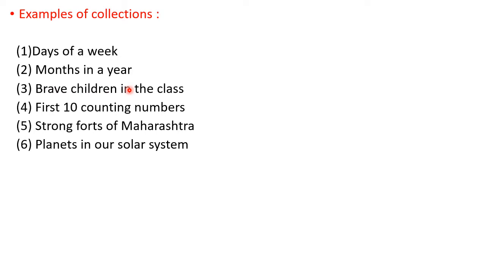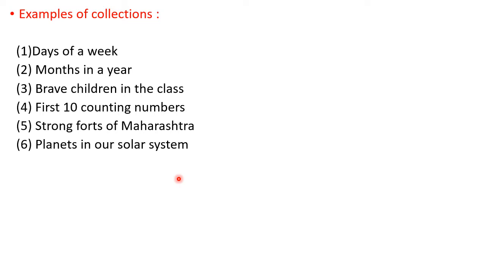We have to think, and after thinking also we don't get a definite answer. But for days of the week, immediately we can say Monday, Tuesday, Wednesday. There's no need of thinking, we already know it. So these sets are well defined: first, second, fourth and sixth. Such collections are called sets in mathematics.